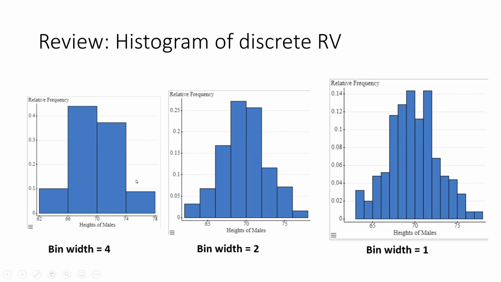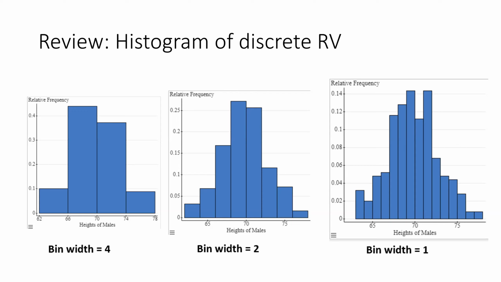In the first one, we have grouped data where the bin width is 4. The second is the same data, but the bin width is 2. And the last one is bin width 1, so that means that it's not grouped at all. Those are all individual values with their relative frequencies.